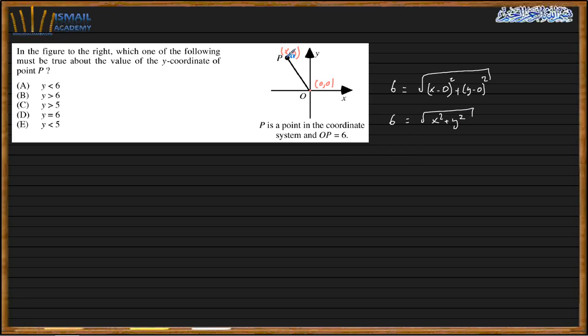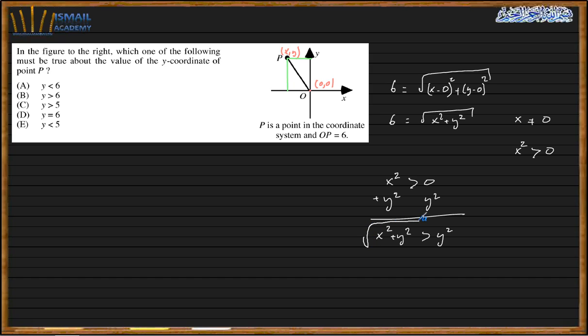We know that x is not on the y axis, which means that it's not equal to 0. If x is not equal to 0, that means x squared is greater than 0. So if x squared is greater than 0, when we add y squared to both sides, we end up having x squared plus y squared greater than y squared.